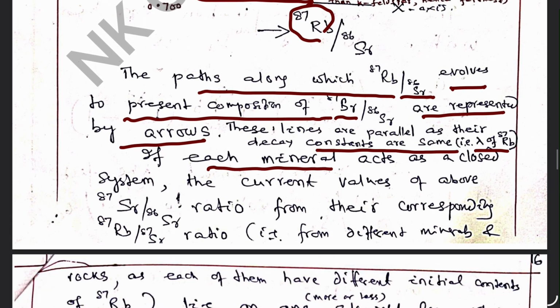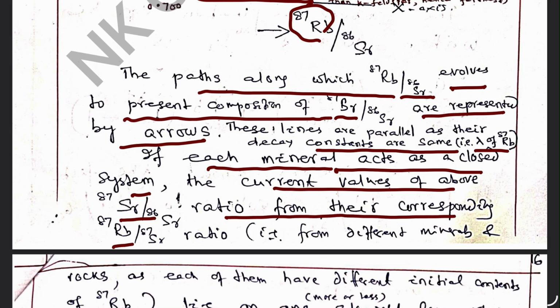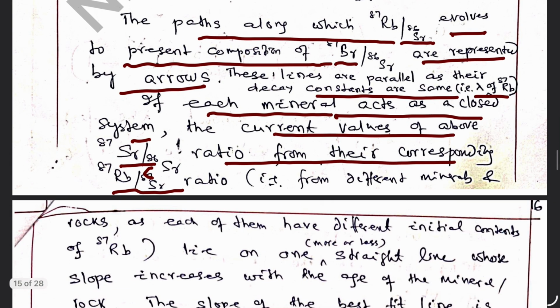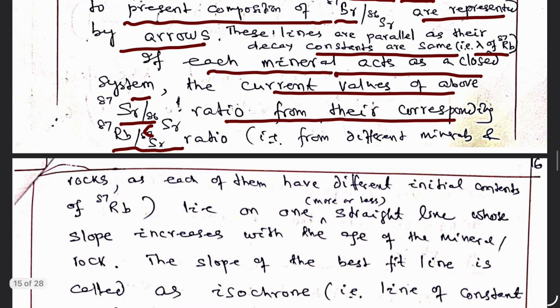In each mineral, if each mineral acts as a closed system, the current values of strontium 87 by strontium 86 ratio differ from their corresponding rubidium 87 by strontium 86 ratio, that is from different minerals and rocks, as each of them has different initial contents of rubidium.